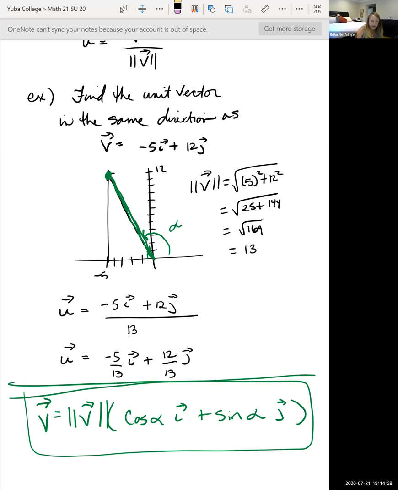But because of this radius, this length here, this point was r cosine alpha i. I can think of the r here as the same thing as the magnitude of v. So to me, that makes sense that that would be another way to express our vector v.